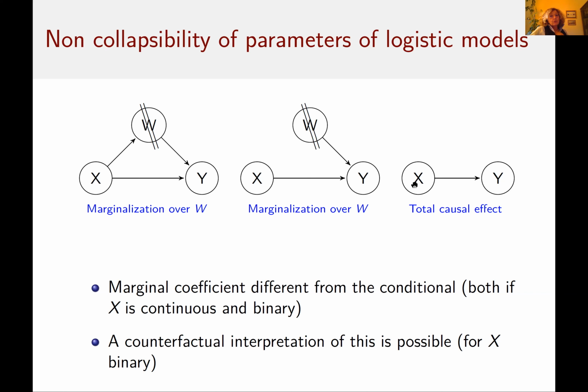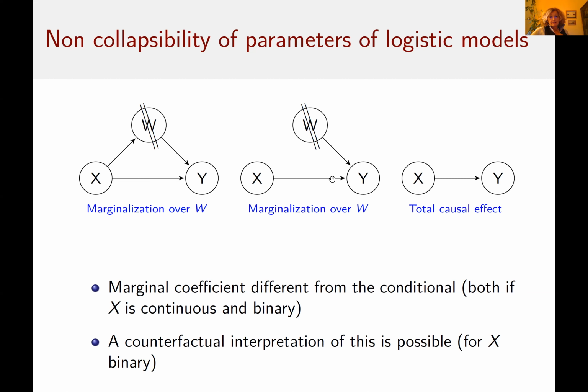And this is true if X is continuous. Even if the original model is linear in X, the marginal model is no longer linear in X. It's also true when X is binary, though in this situation we can perhaps understand it better because it has to do with the non-collapsibility of the odds ratio.